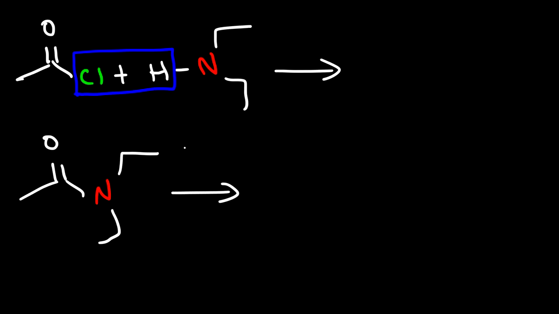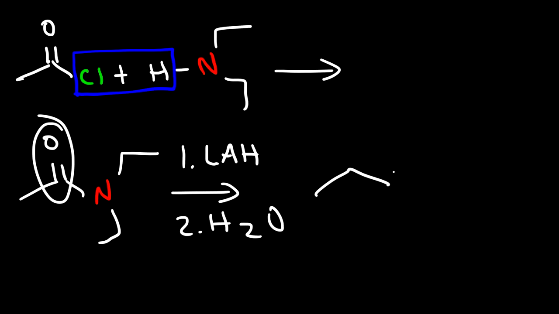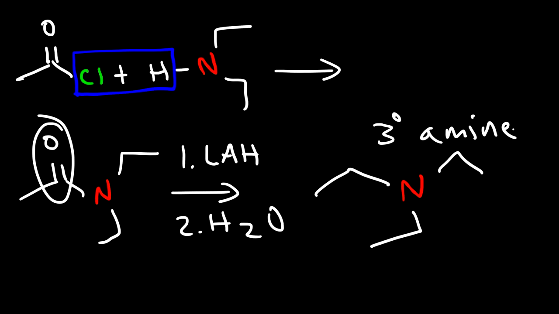And then let's reduce it using lithium aluminum hydride followed by H2O. And so that's going to be reduced to a CH2. And so this product is triethylamine. So you can make a tertiary amine if you react an acid chloride with a secondary amine followed by reduction.